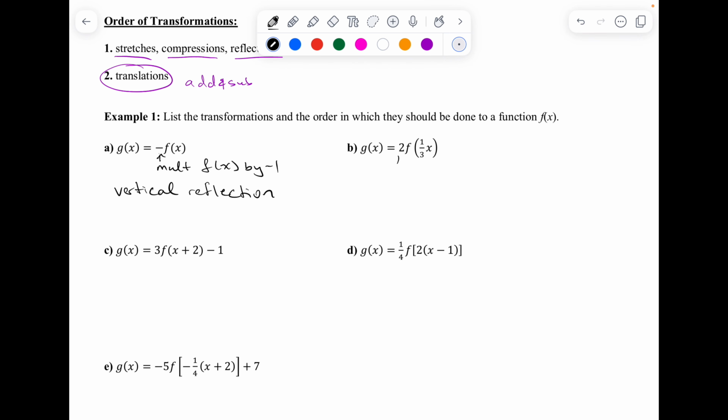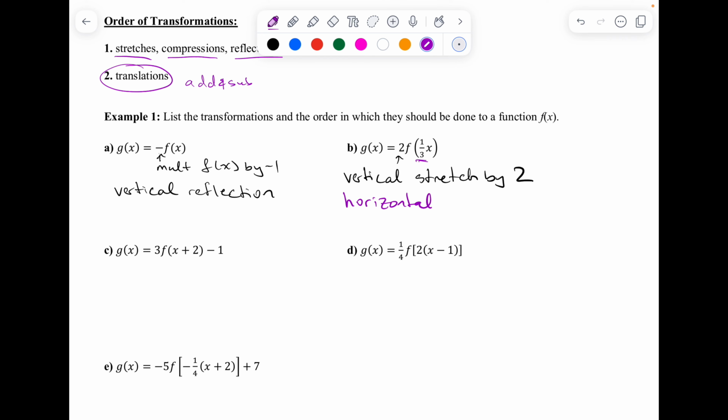So here there's a 2 multiplying the entire function. So that means it's vertical and in this case, a stretch by a factor of 2. And then there's something multiplying x. So if we're multiplying x by 1/3, then it's a horizontal stretch or compression because it's happening to the x's.